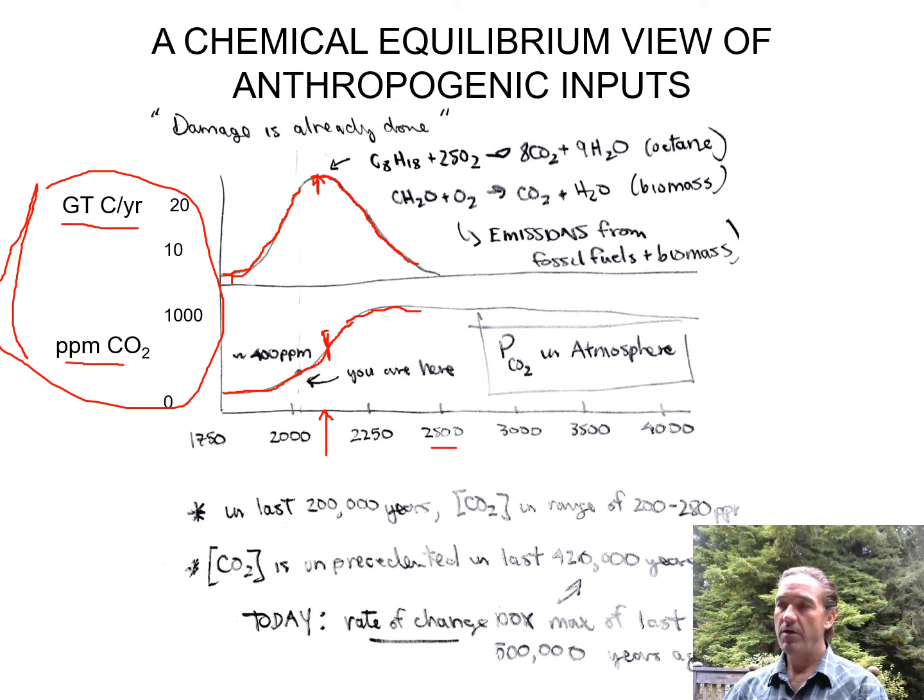The system will get disturbed by putting all this CO2 into the environment through the combustion of fossil fuels. Here I'm using octane as a generic molecule to show the reaction for the combustion. But nonetheless, it's going to take hundreds more years for it to stabilize.